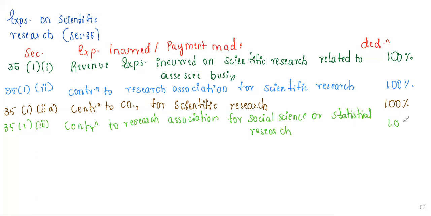Again, for this, 100% deduction. Statistical research is nothing but you wanting to know how many people are leaving, you'll go with data analysis and all. That comes under statistical research, or you're doing some research for social science purposes. If you're doing research for that, again your 100% deduction will be allowed.